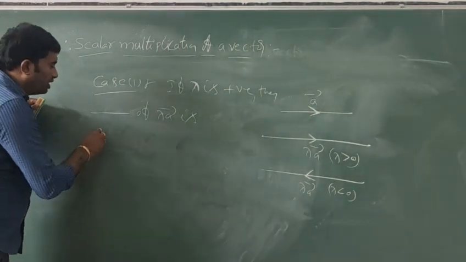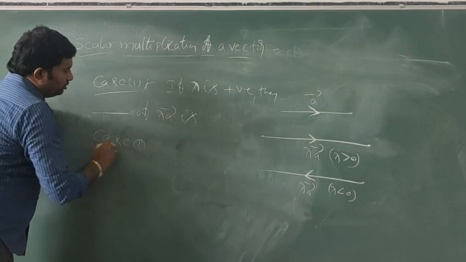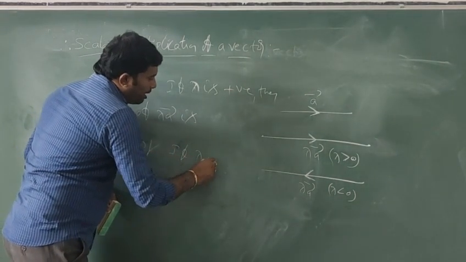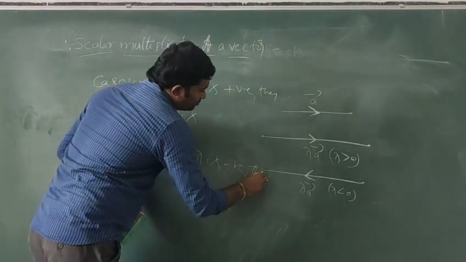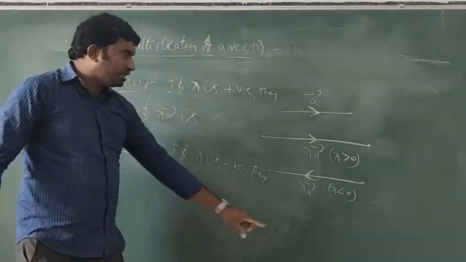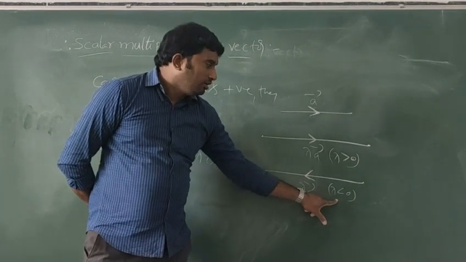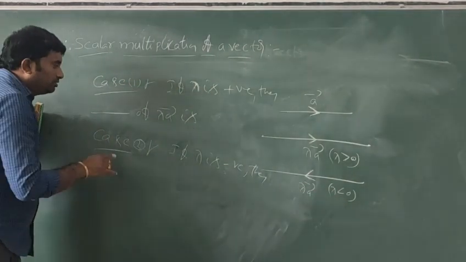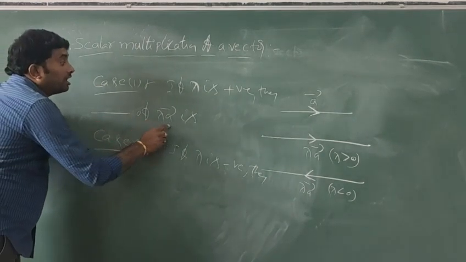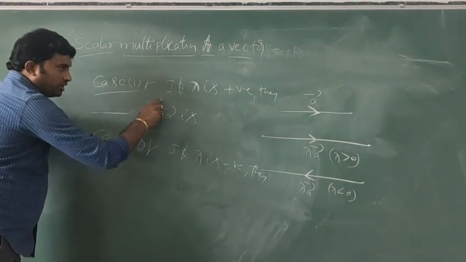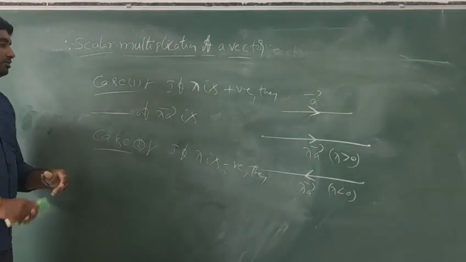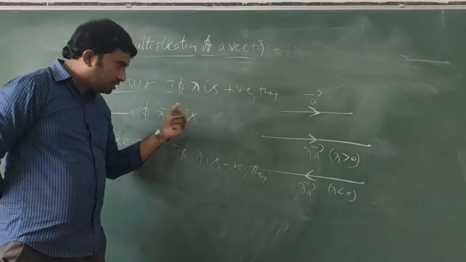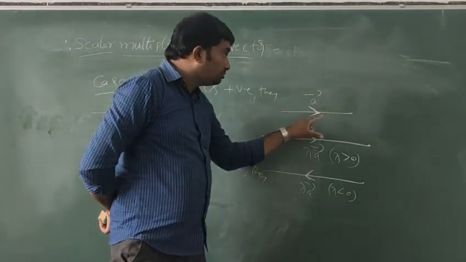That is case 1. Next, case 2, the negative case. If lambda is negative, means less than 0, left side of 0, then the direction of the vector lambda A bar is opposite.